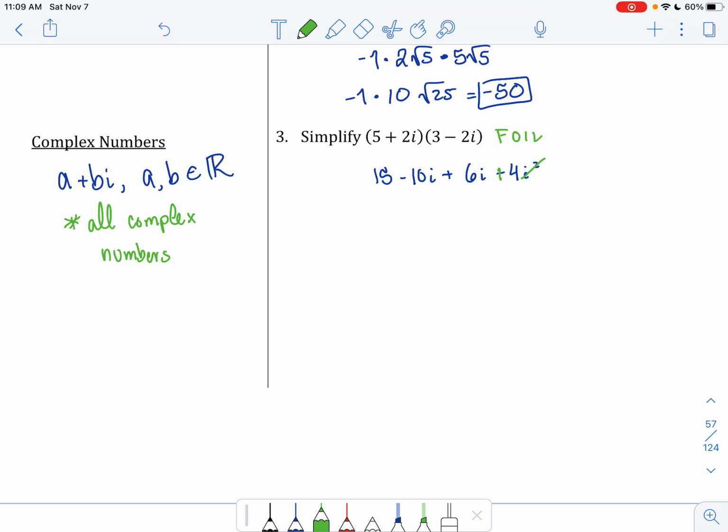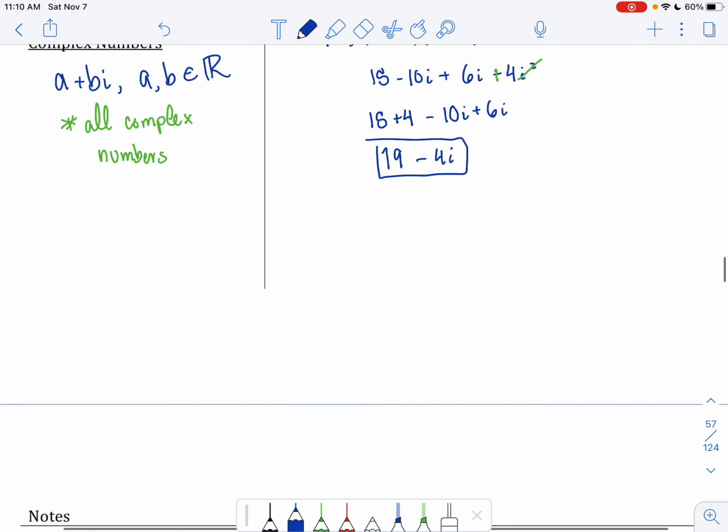So usually what I'll do is just change the sign on that number. So then we have like terms, 15 plus 4 as our a term, as our real, not imaginary term, minus 10i plus 6i. So our final answer is 19 minus 4i. If you want to see that worked out with a little bit more work shown, you can feel free to look at the PDF in the notes.